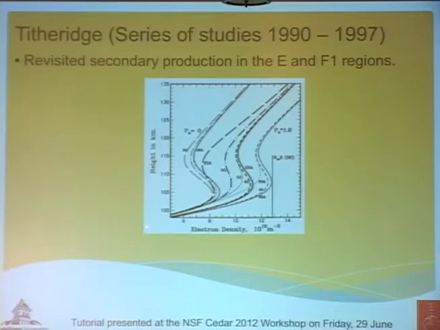This is a complicated plot, but it's in a linear scale here versus altitude of the electron density in the E region, 100 kilometers up to about 135. And what he's showing here is, you can't quite read it, in angstroms, not in nanometers. He's got different wavelengths, and he's looking at the sensitivity of the ionization profile with these wavelengths.